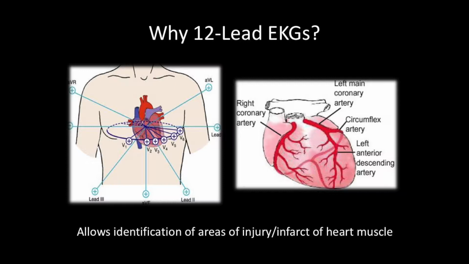Now, when we talk about this, we go into details of identifying coronary arteries and all of that. None of that is really applicable at the BLS level, right? You basically are going to apply the leads, you're going to acquire the 12-lead, and you're going to transfer. But nothing changes for your care. You're going to care for this person as if they were a coronary syndrome patient, despite what the monitor says.